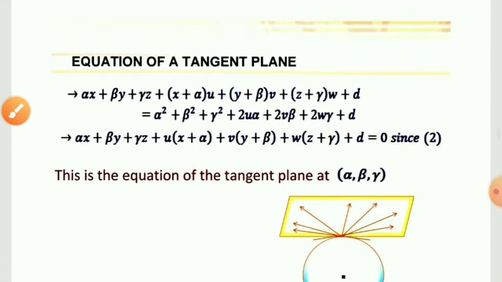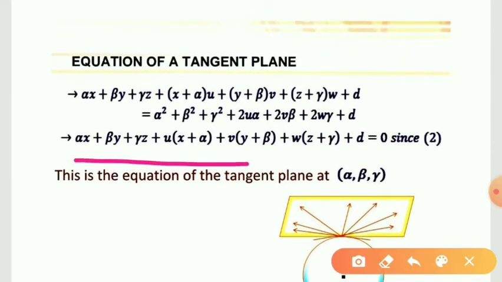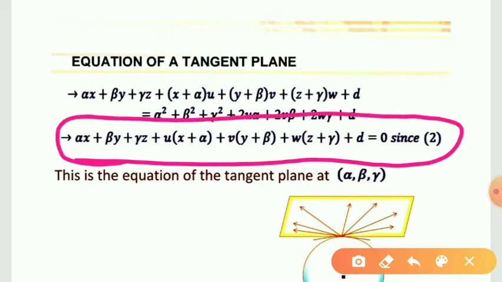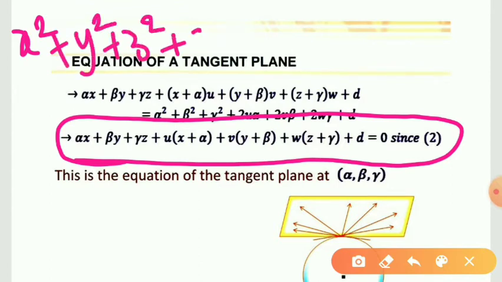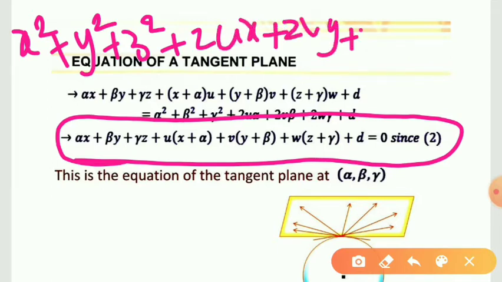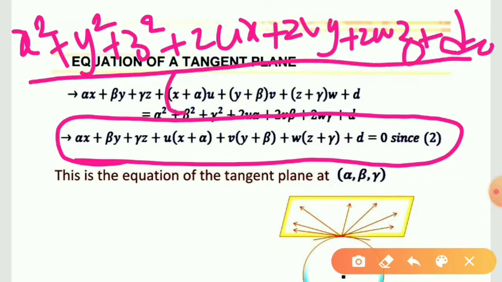This principle is used whenever the given sphere is x square plus y square plus z square plus 2ux plus 2vy plus 2wz plus d is equal to 0, the equation of the given sphere, and if alpha, beta, gamma is any point on the sphere, then the tangent plane at that point can be derived by this principle.